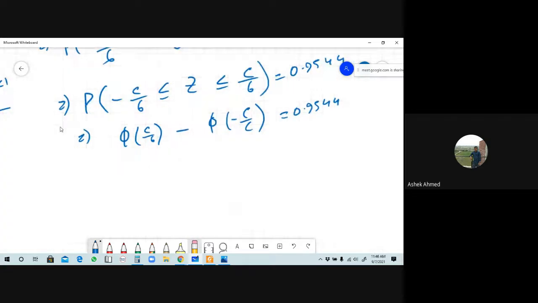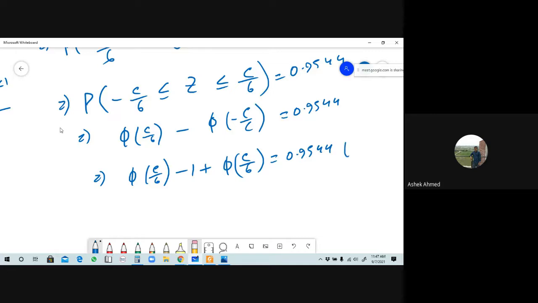So tell me this is phi of c by 6. We know that values of phi of minus z is 1 minus phi of z, so that will be minus 1 plus phi of c by 6 here. This is 0.9544.